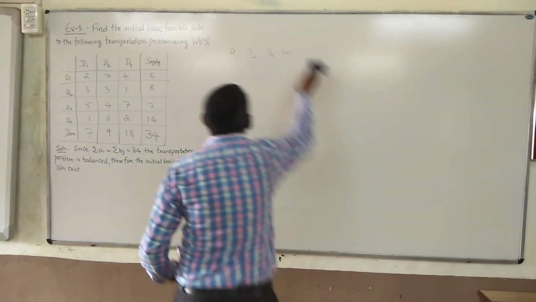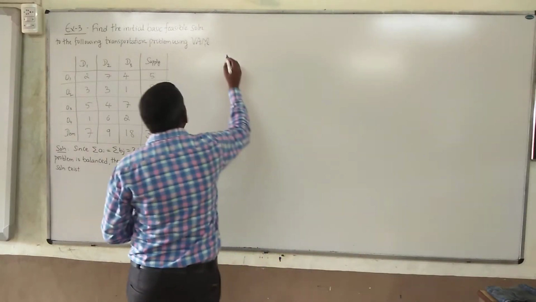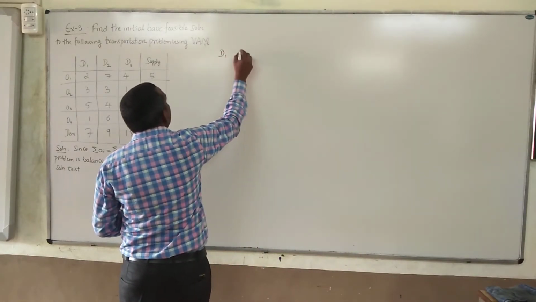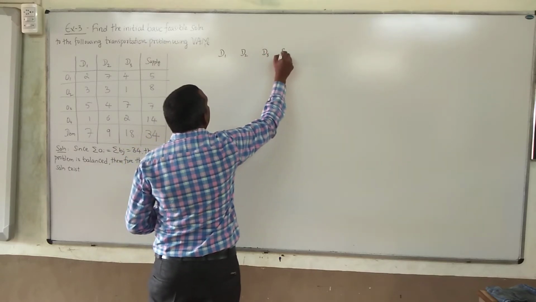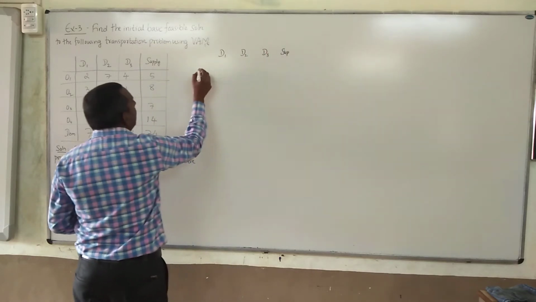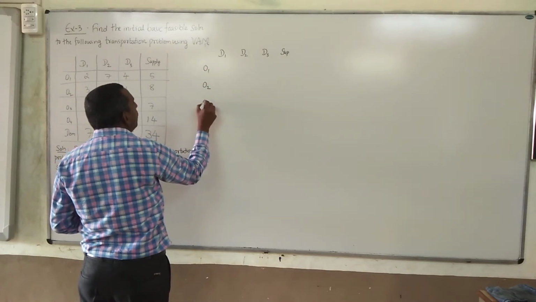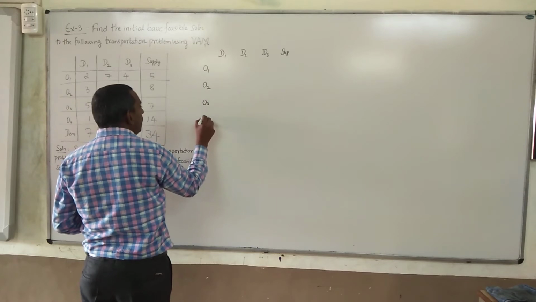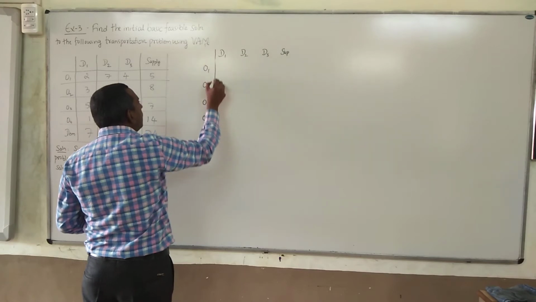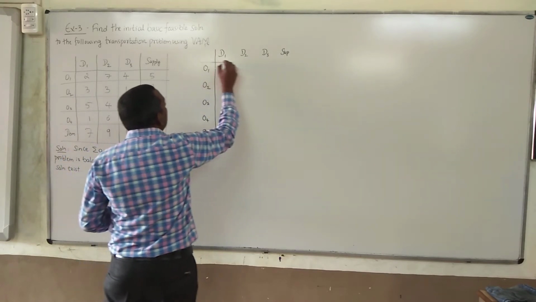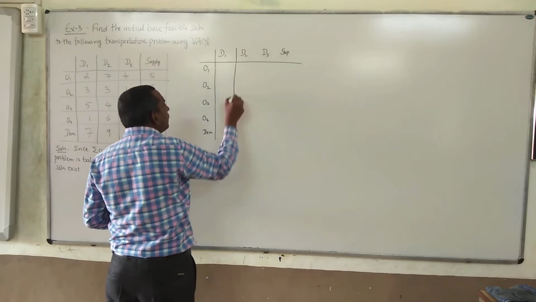Let me write the values once again: D1, D2, D3, supply, O1, O2, O3, O4, demand. With only one single table, we are going to solve this.